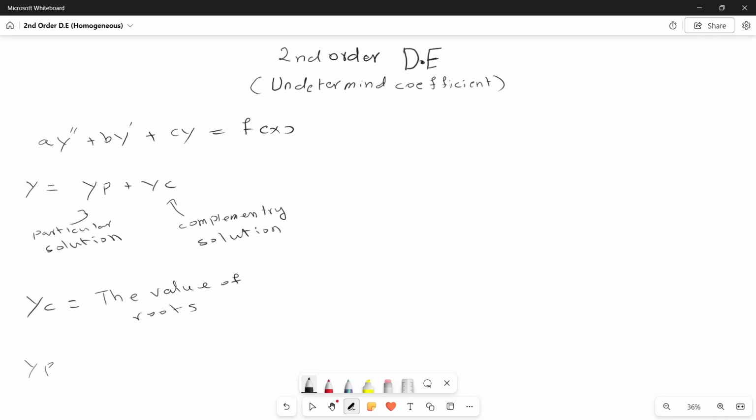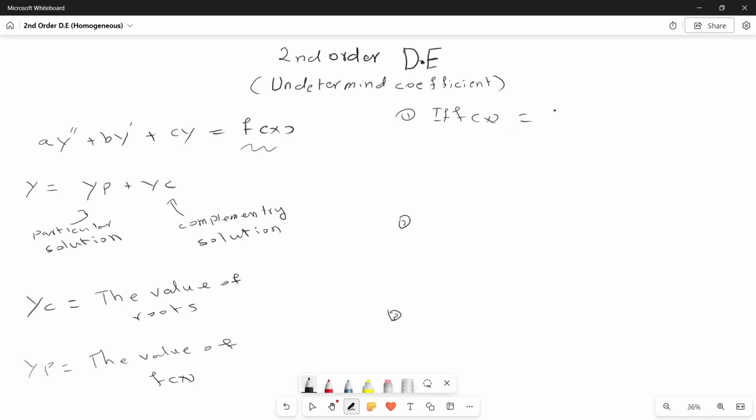Yp, on the other hand, depends on the value of the function of x here. So we have three different possibilities.